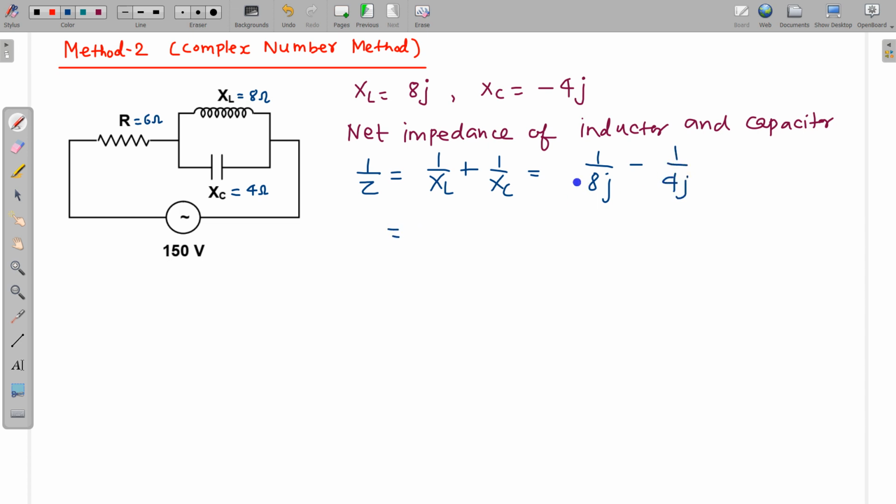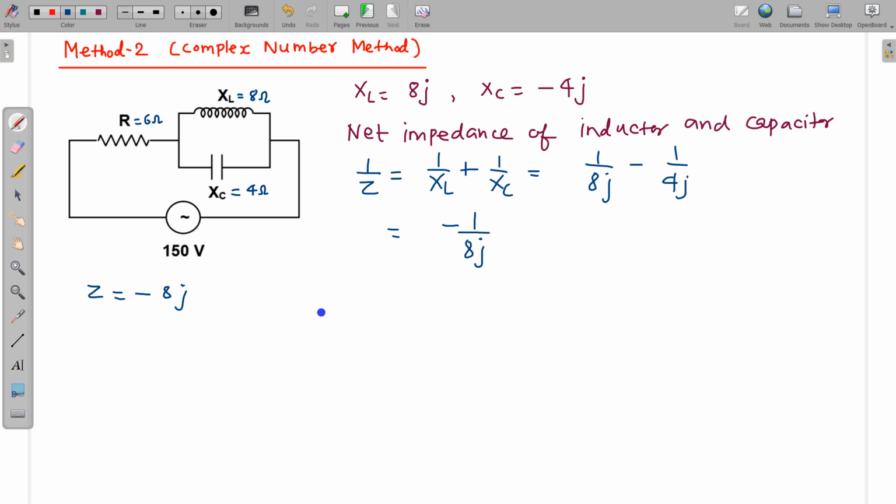So 1 by 8 minus 1 by 4 will be minus 1 by 8j, and you can multiply it by j, or simply just inverse it. If you just inverse, Z is equal to minus 8j. So this is the net impedance of this.